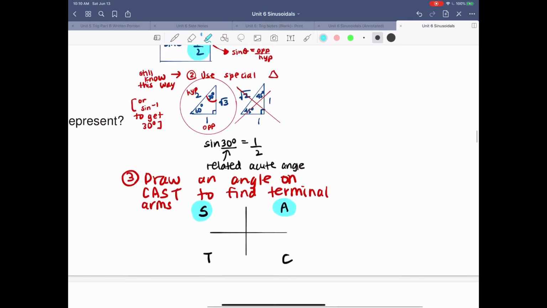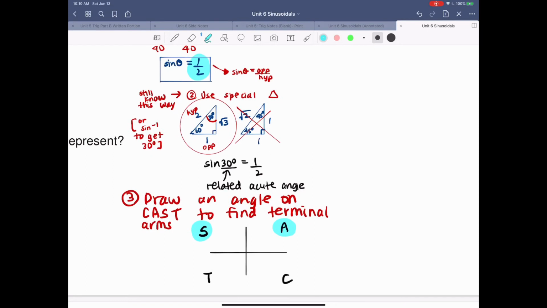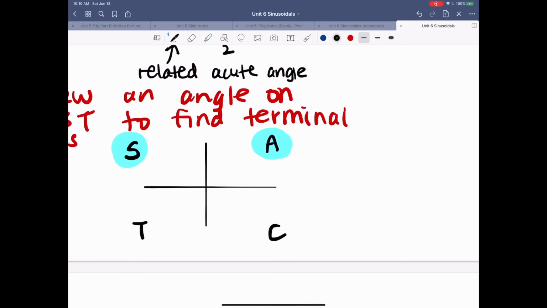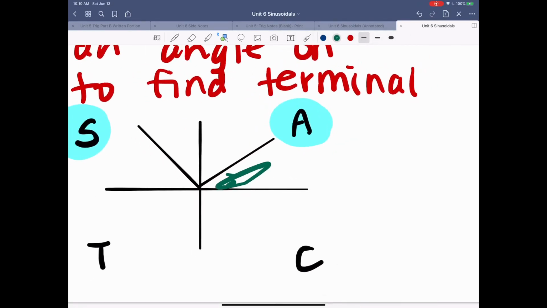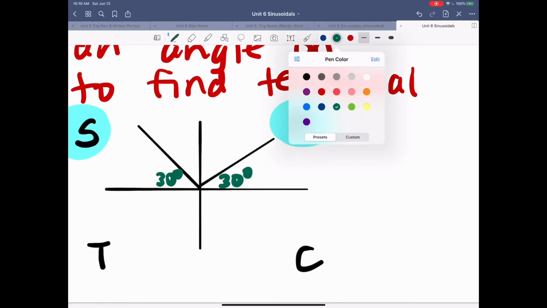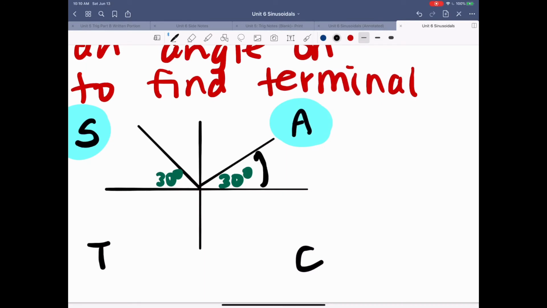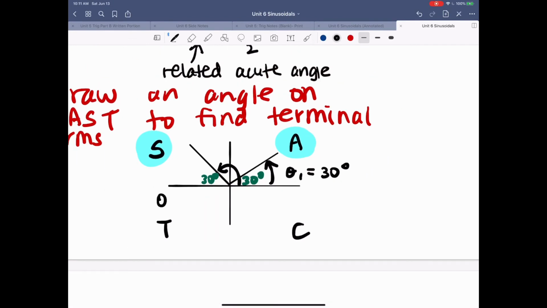It wasn't sine theta equals a negative a half, instead a positive. And so I know my terminal arms are going to be here. Based on this, I can use my related acute angle of 30 degrees and draw it in my respective angles. So this is 30, this is 30. That means my theta 1 must be 30 degrees. My theta 2 must be equal to 180 minus 30, which is equal to 150 degrees.